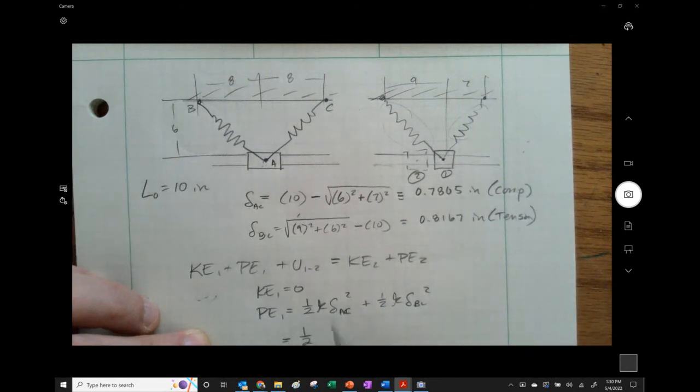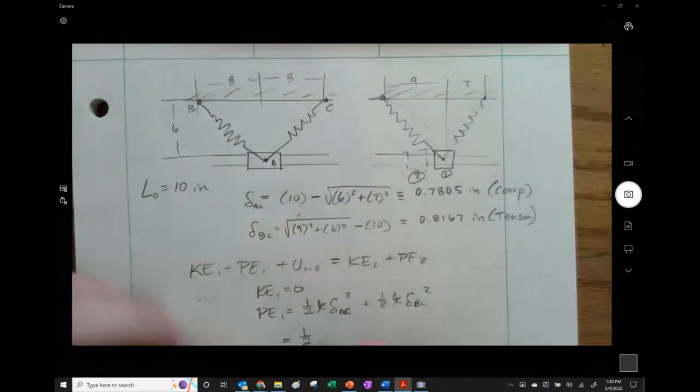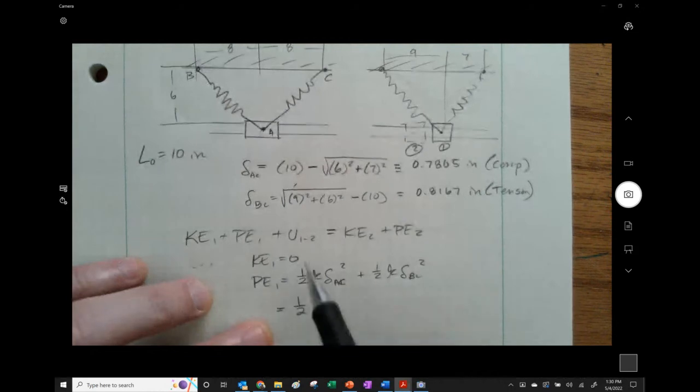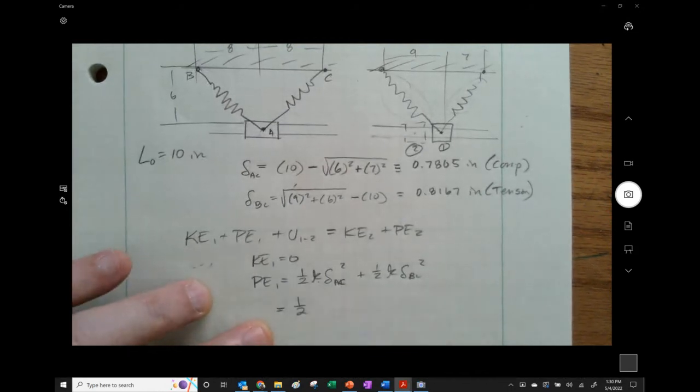It might be easier to do it after I get done finding the potential energy in inch pounds, then I'll turn it into foot pounds. Because otherwise I have to turn the K into foot pounds and then turn the del into foot pounds. So I'll just do it after the fact.